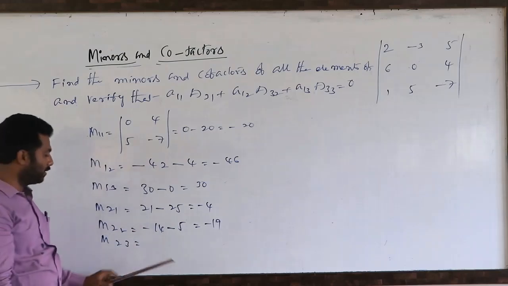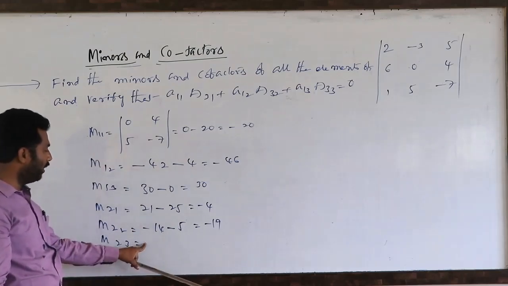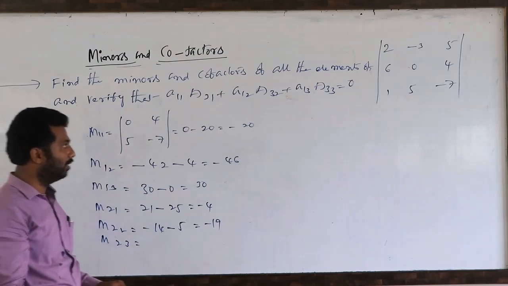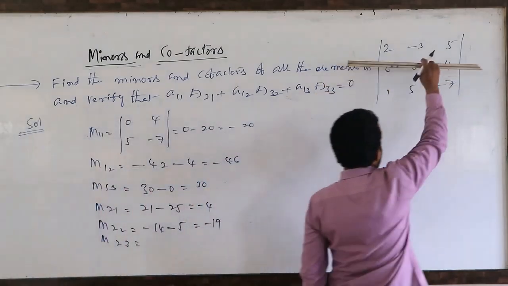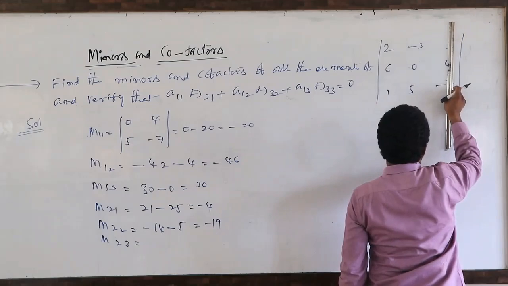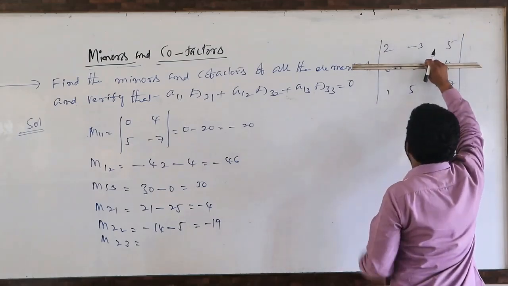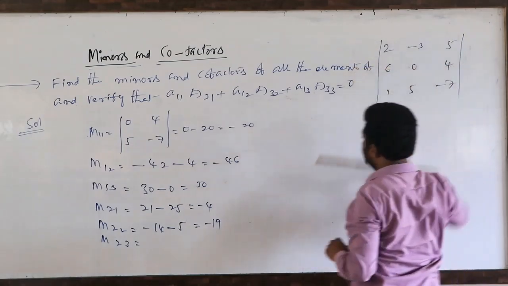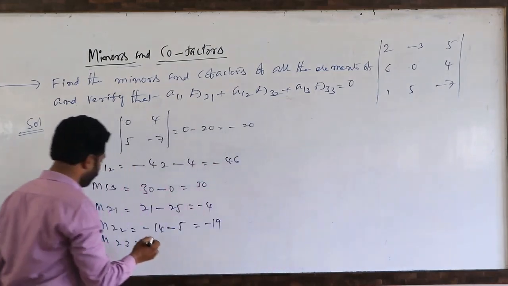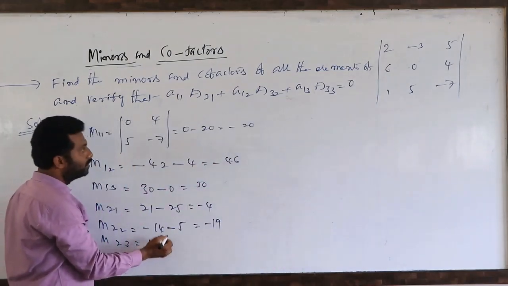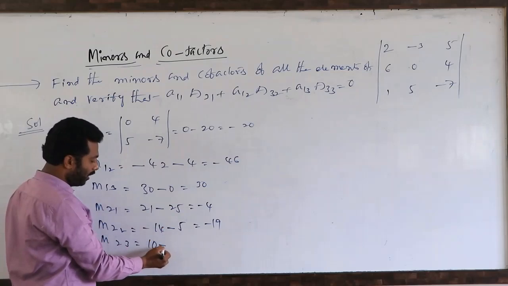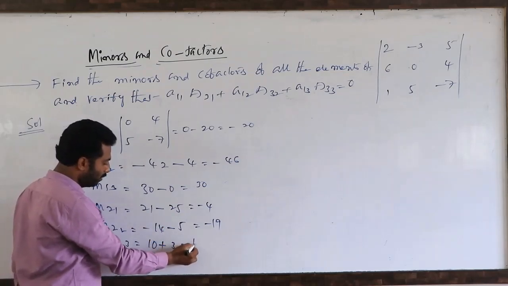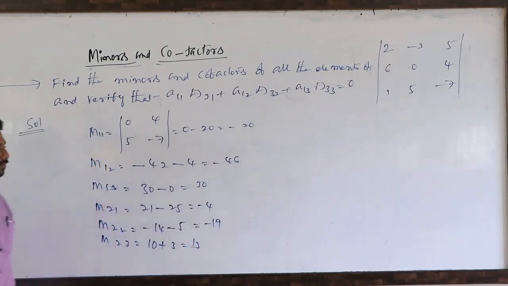M23 means second row, third column. Second row, third column we have to close. 2 into 5, 10, minus 1 into minus 3, already minus is there, this is plus 13.